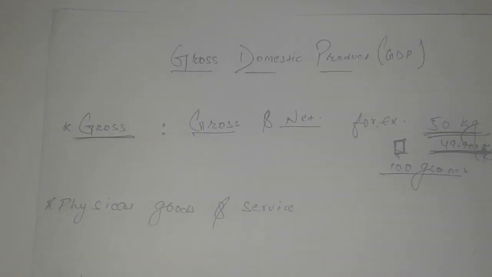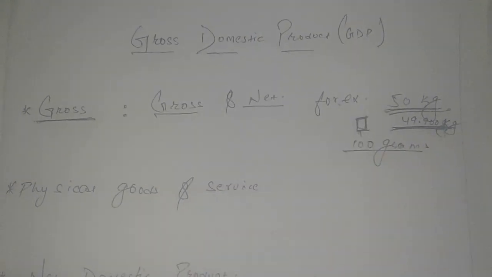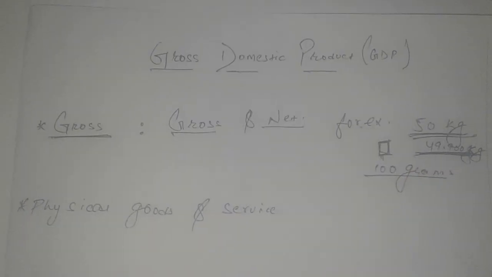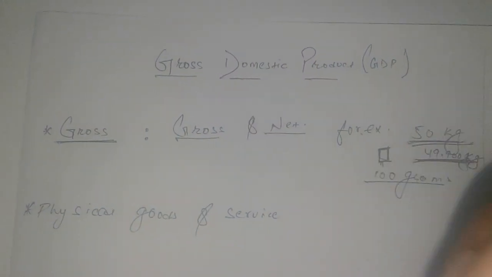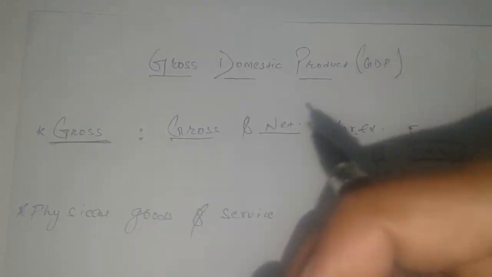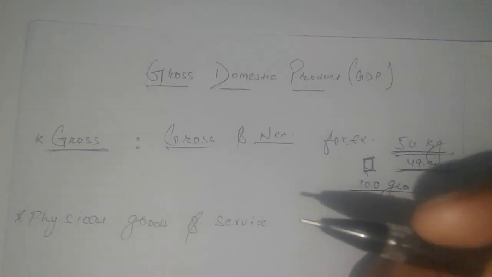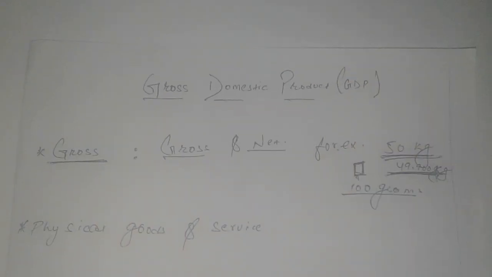This is the simple example I have given you in order to understand the difference between gross and net. In accounting terms, while calculating gross profits, we only include direct expenses which are related to the purchase and sales of particular items in the course of business.